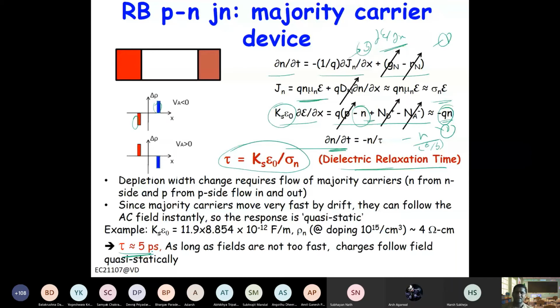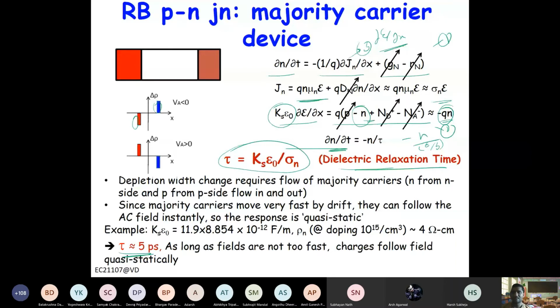So of course, if a device parameter depends on minority carriers, it will depend on frequency. If the device parameter depends on majority carriers, it will be more or less independent of frequency, up to a few tens of megahertz. Once you go to gigahertz, terahertz, it may again depend on frequency.